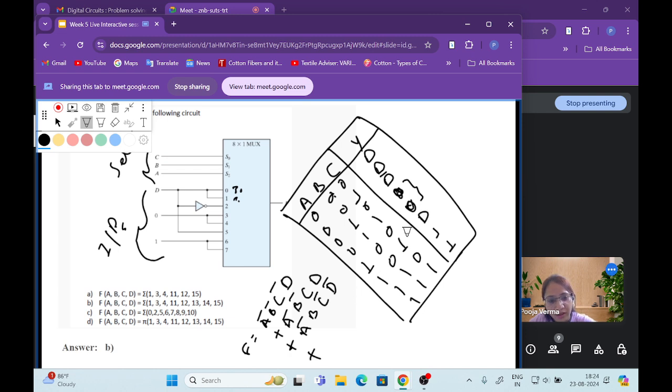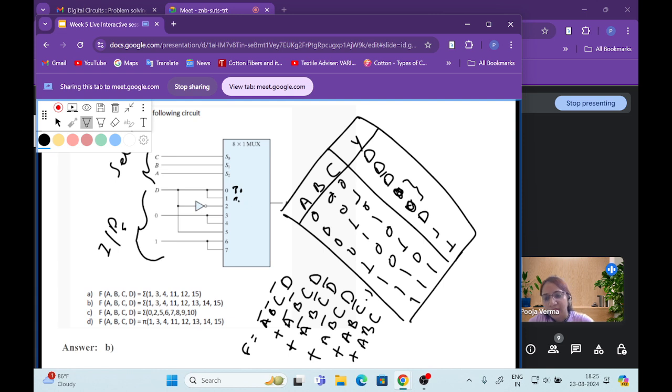Here again the input is D, so we can write A, B dash, C, D plus A, B, C dash, and multiplied by 1, so that 1 will disappear, so that will be the same A, B, C. Okay, so this will be the overall output.